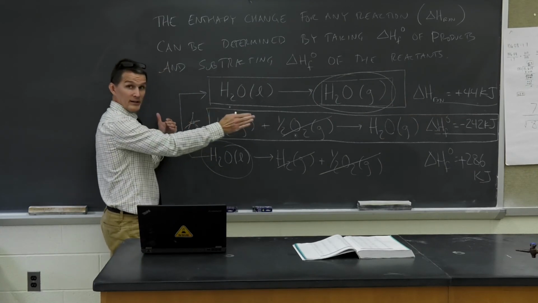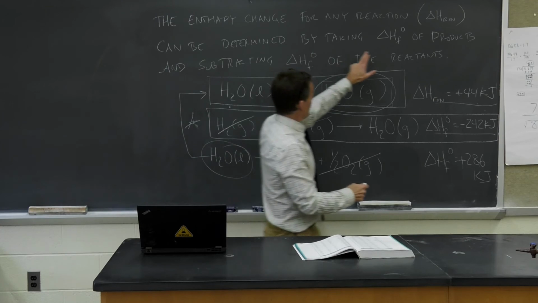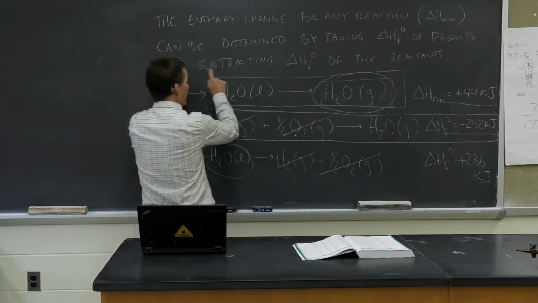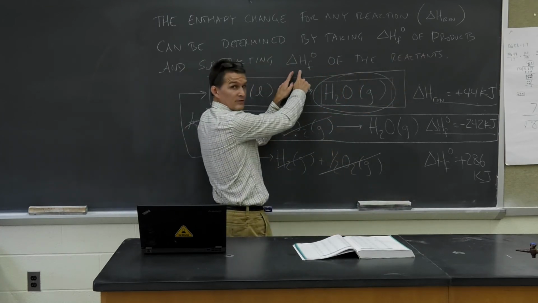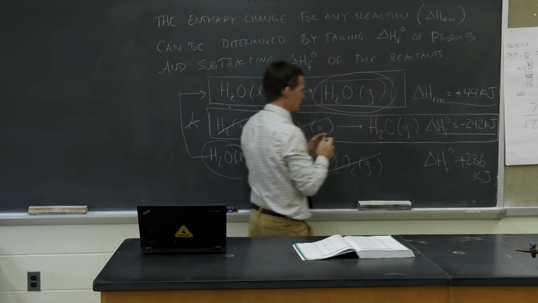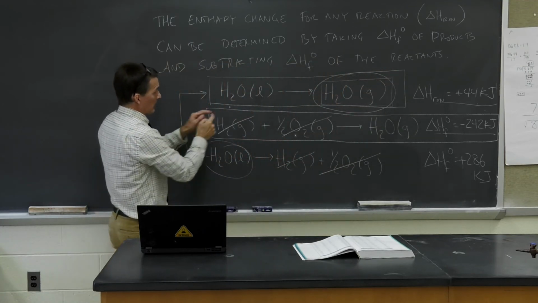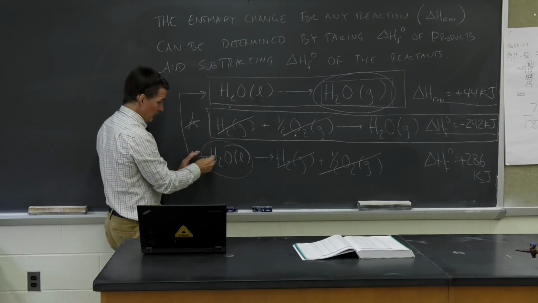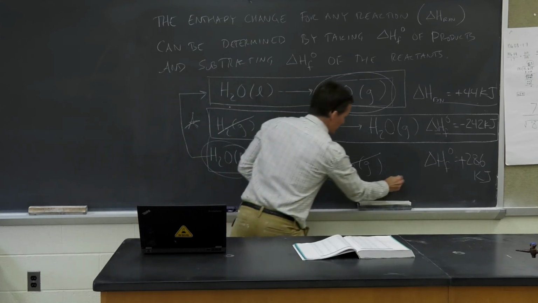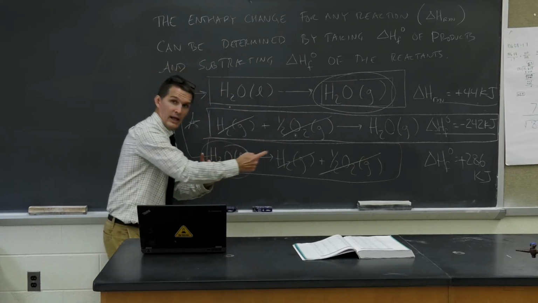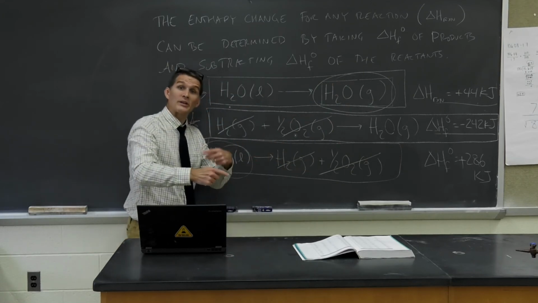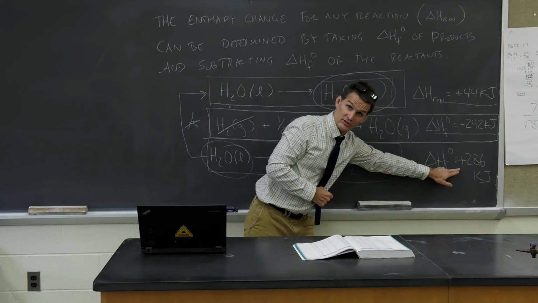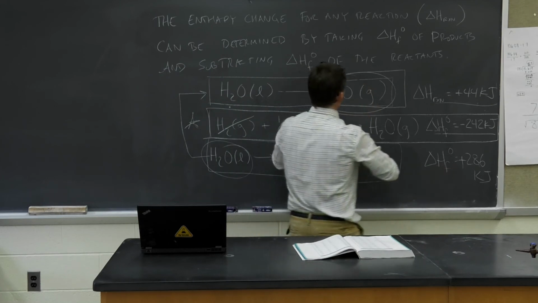I leave it the way that it is, and we're going to subtract from it the enthalpy of formation of the reactants. What's my reactant? Well, my reactant is H2O liquid. And notice, we took the enthalpy of formation of liquid water and we reversed it, or subtracted it. Remember, I had to change this sign.